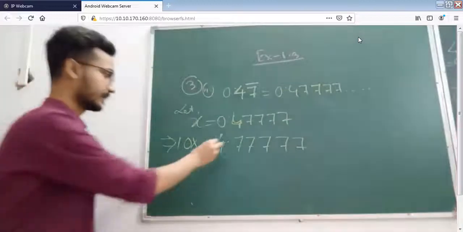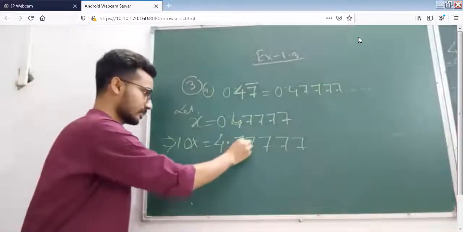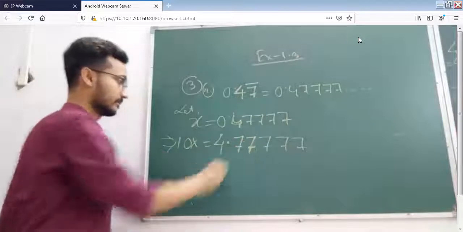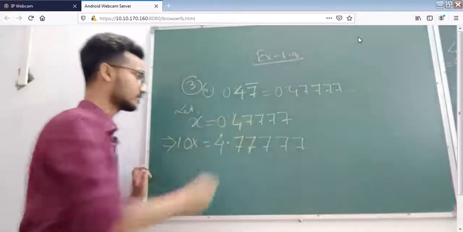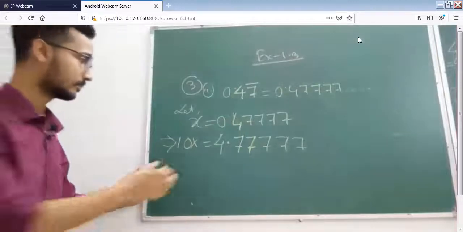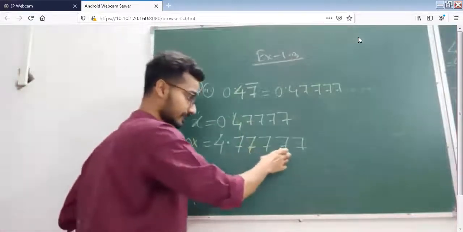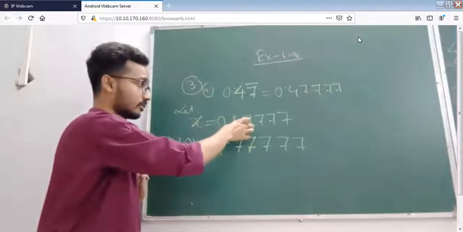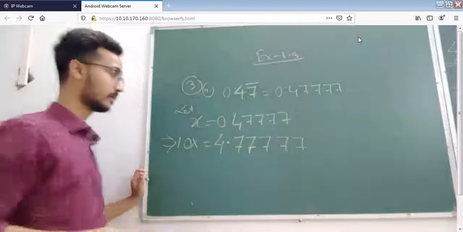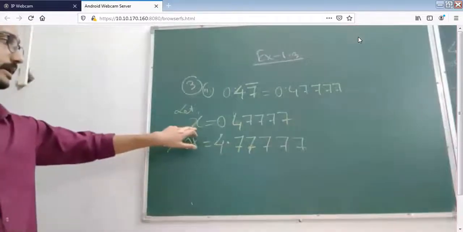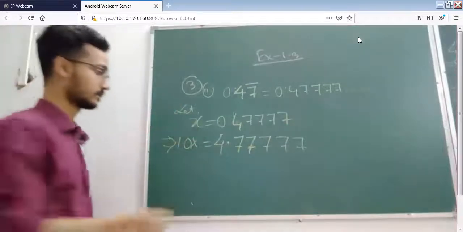But what is the value of x? The value of x is 0.4777. So you have to break 4.7777 as a summation of 0.4777 and another number, because we have to write x in place of this number. So how can you solve this one?